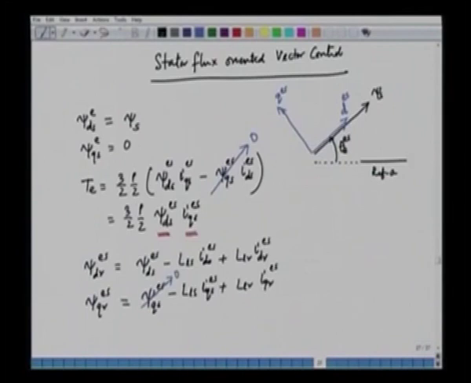So, if you substitute this in this case, we can get the following expression for ψqr: Lm Iqs plus Lr Iqr. Now, similarly, we can also write down the expression for the rotor currents.